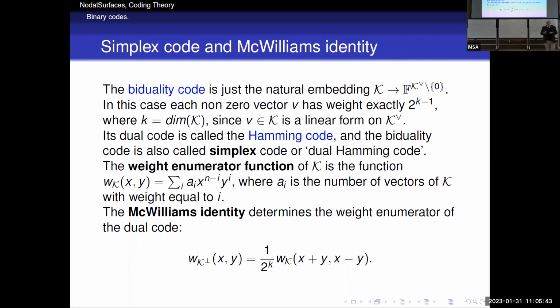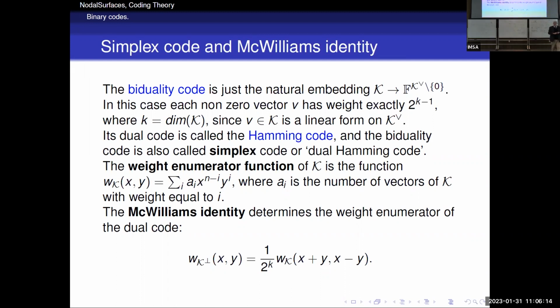K is dual to K dual, and so it gives linear functions on K dual, but of course on the origin, the value 0 is uninteresting, okay? And this has the advantage that the weight is just 2 to the k minus 1.